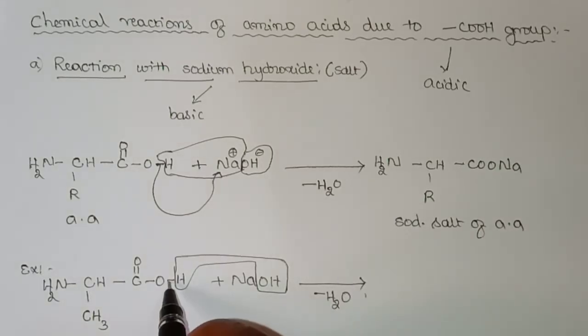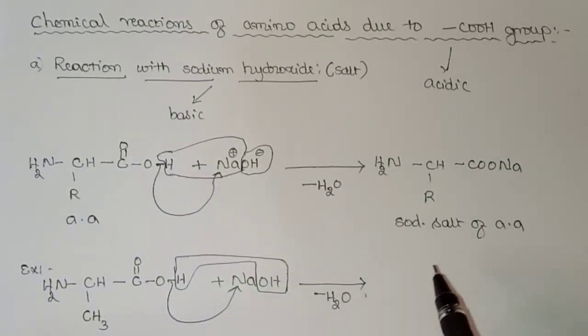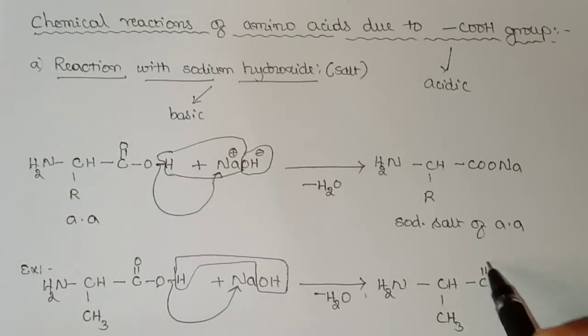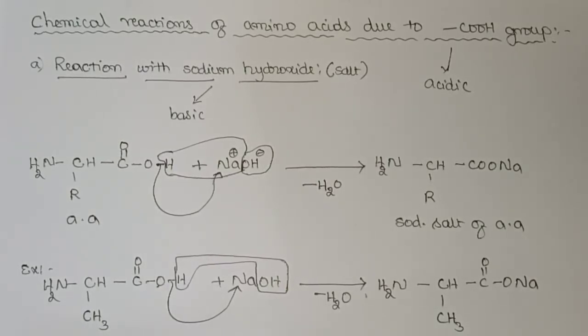So the bond pair of electrons will be donated to this Na, which develops a bond between oxygen and sodium. So the resulting product will be NH2 CH CH3 COONa.